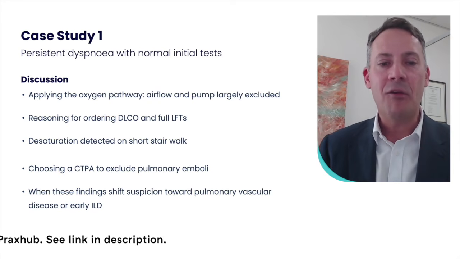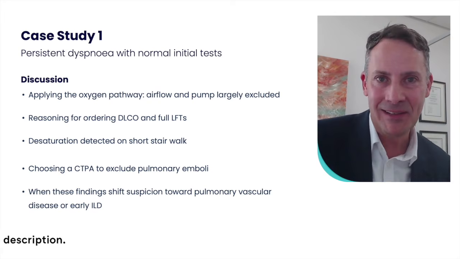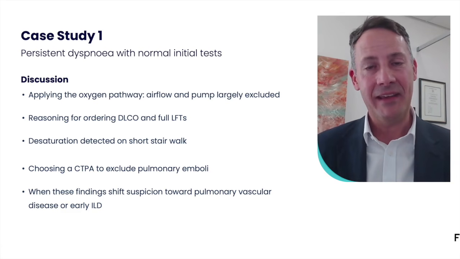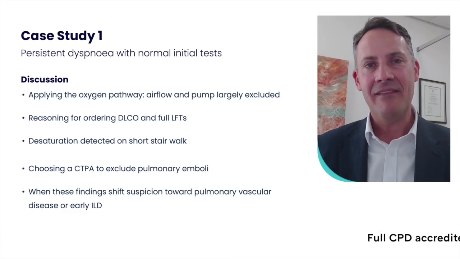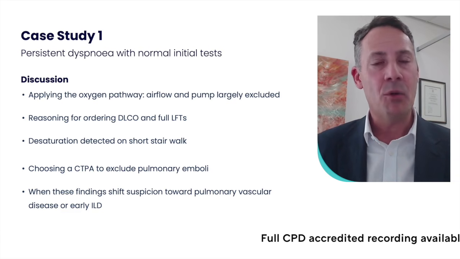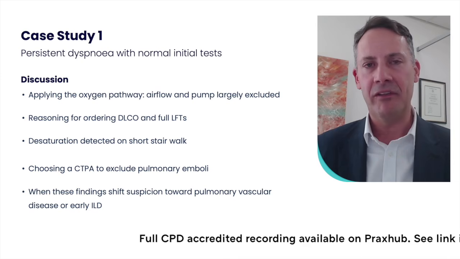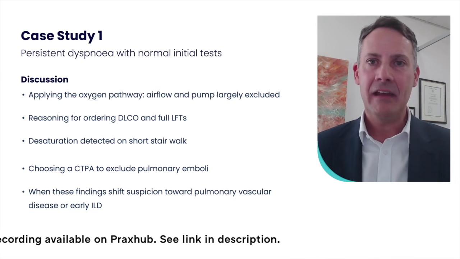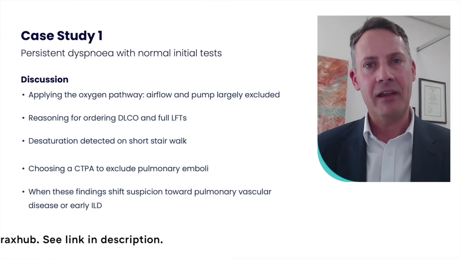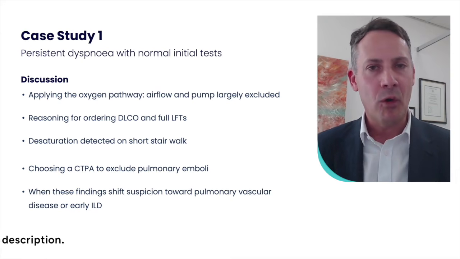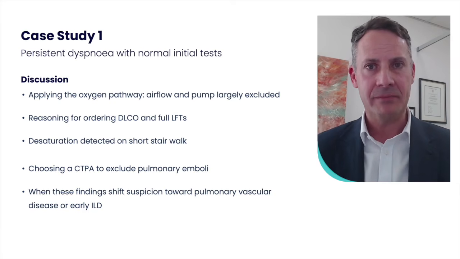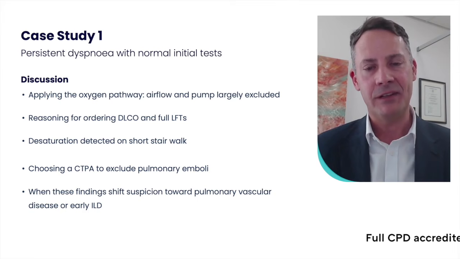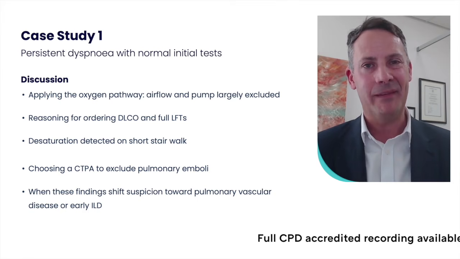So we unfortunately need to go back to the cardiologist who did the echo and say, look, this lady is desaturating on exercise. She may have some pulmonary hypertension that wasn't picked up. And so the cardiologist then did an exercise stress echo and found that there was the development of a tricuspid jet, and she went on to have a right heart cath that did show some pulmonary hypertension, but only with exercise.